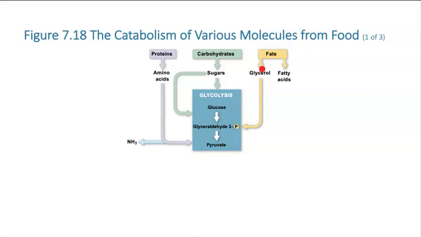Fats can be broken down as well. Glycerol is going to enter as glyceraldehyde 3-phosphate, and the fatty acids are going to enter, as we said before, as acetyl-CoA. Some amino acids will have parts of their structures entering directly as acetyl-CoA. But eventually, you have to make the acetyl-CoA in order to enter the citric acid cycle.